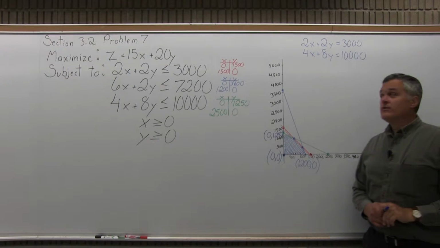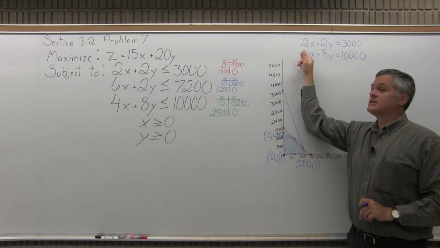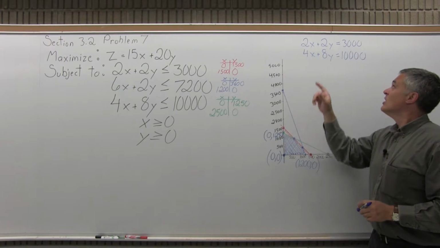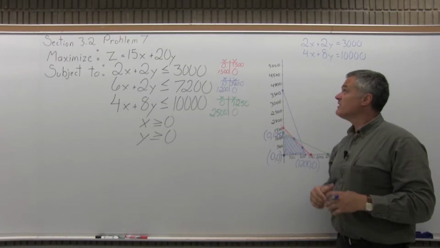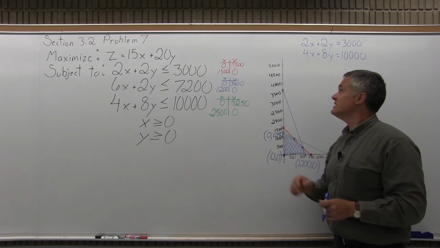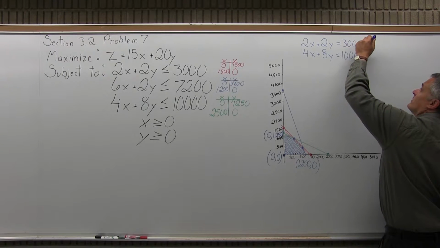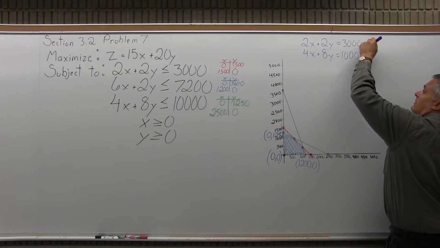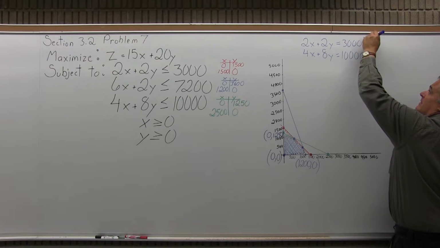Now what I want to do for that is either make negative 4x and positive 4x and cancel the x's, or negative 8y and positive 8y and cancel the y's. They'll both give me the same answer in the end. You can choose whichever is easier. The x's seem a little easier to cancel. So I'll keep the bottom, and I'm going to multiply the top equation, not times 2, but times negative 2.